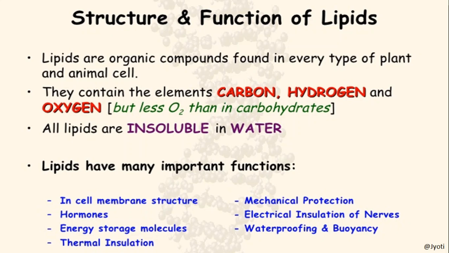Beneath the skin, the fat is deposited in the adipose tissue. They help in thermal insulation. Then they also help in mechanical protection. They also help in electrical insulation of nerves, and they are also helpful in waterproofing and buoyancy.